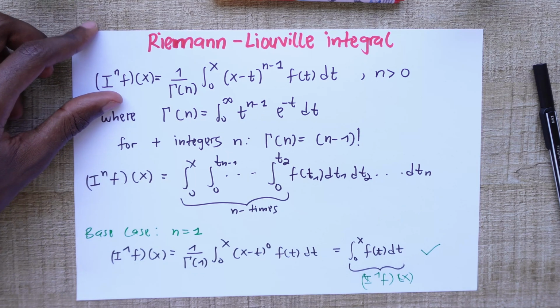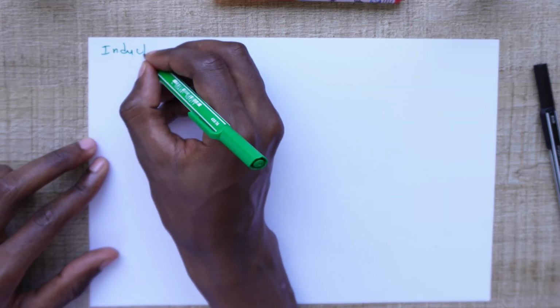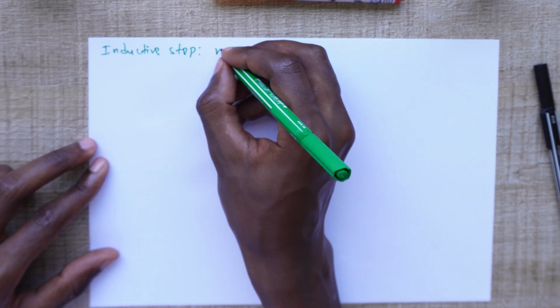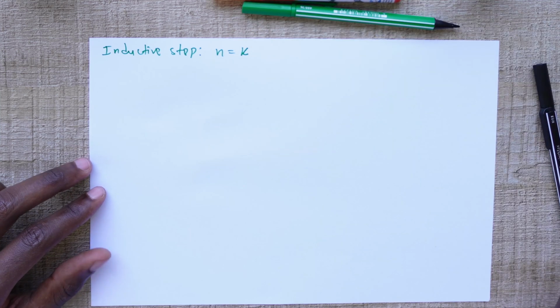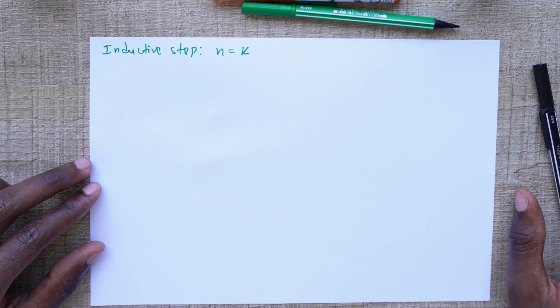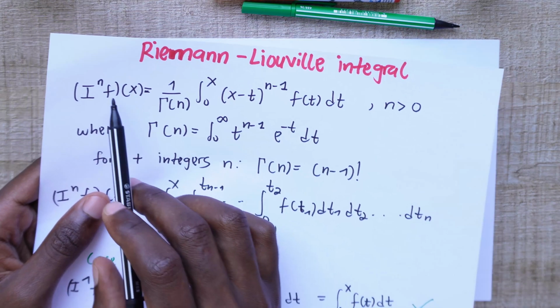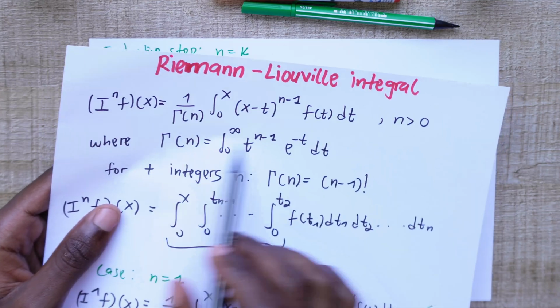Then we are going to make a hypothesis, the inductive step, and assume that this expression holds for any integer n equals k. Okay, which means that if we replace any value of n here, let's say k, this should be true as well.